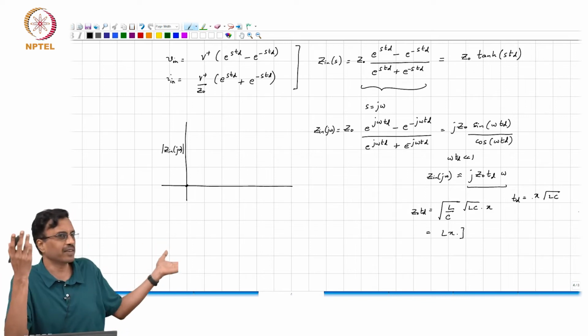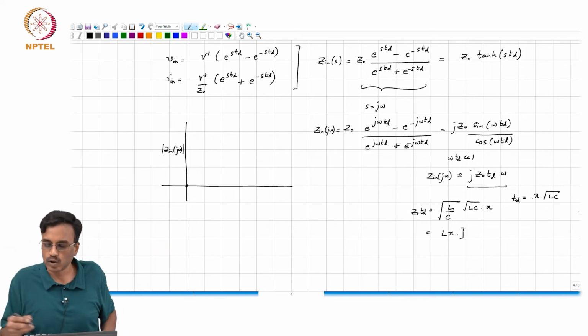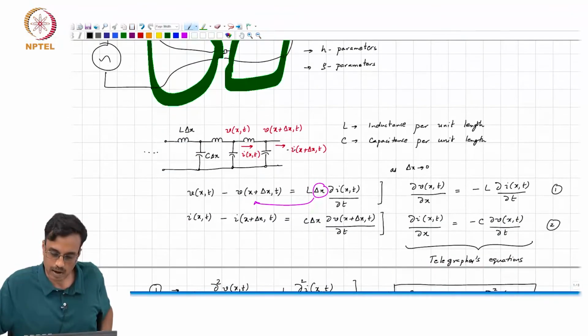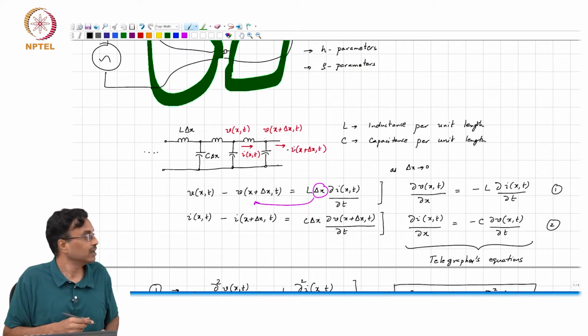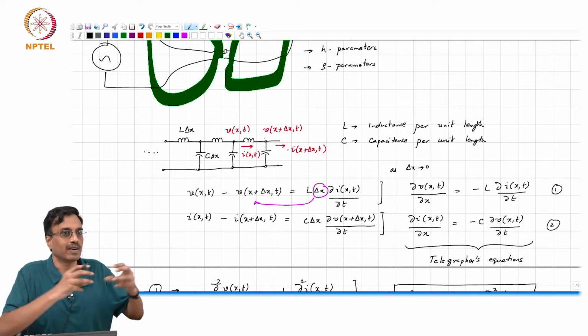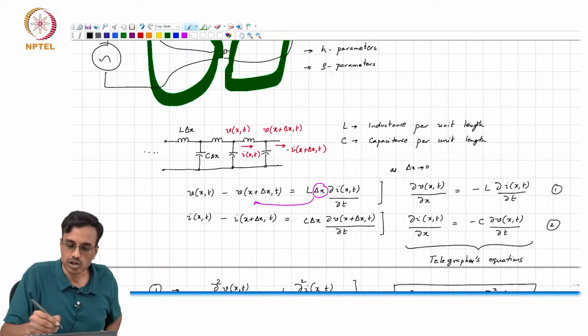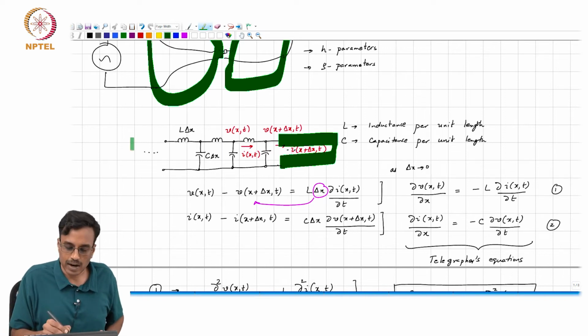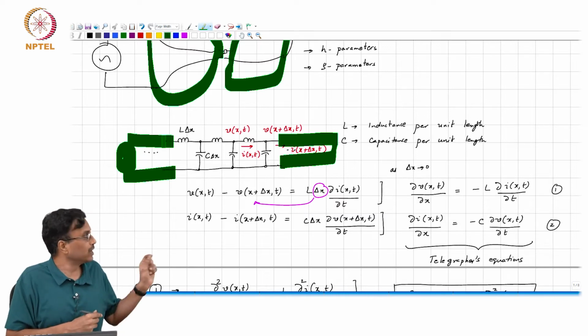I mean, does it make intuitive sense or no, right? So, you have this LC network, each one of these inductances is some L delta x. You have a transmission line, right? You are shorting the output and you are looking at the impedance at this end at low frequency.